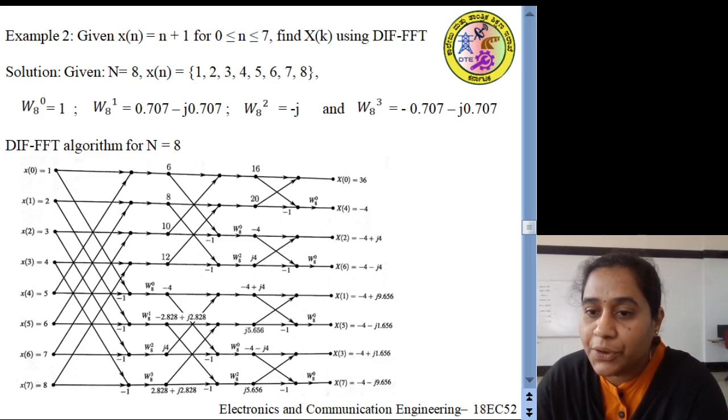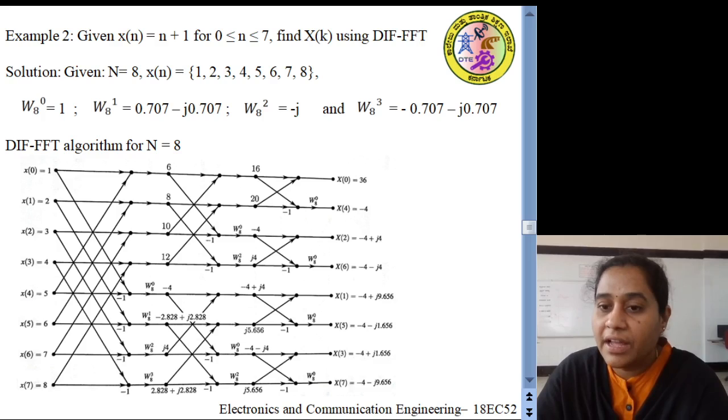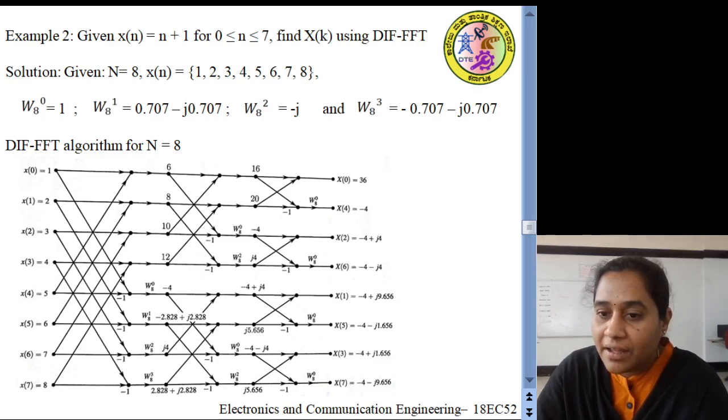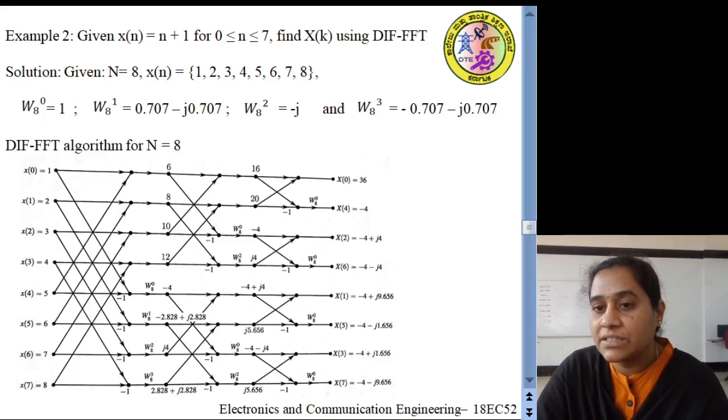X of 6 is equal to minus 4 minus j4. X of 1 is equal to minus 4 plus j 9.656. X of 5 is equal to minus 4 minus j 1.656. X of 3 is equal to minus 4 plus j 1.656. X of 7 is equal to minus 4 minus j 9.656.